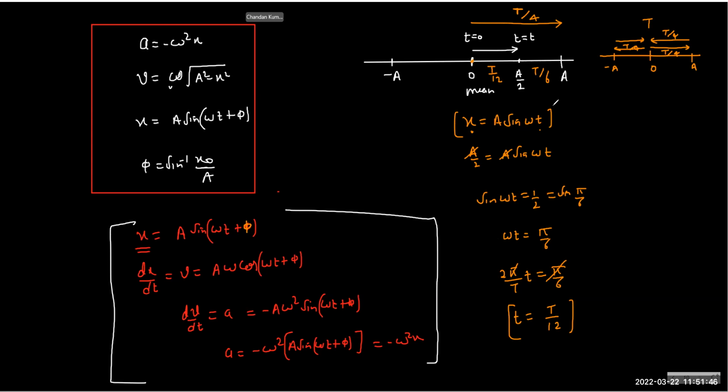Now, why am I saying this answer? Because these are the answers which you are supposed to just memorize. So 0 to A by 2 is T by 12, and A by 2 to A is T by 6. So if you want to go from 0 to minus A by 2, it is again T by 12. I'll give you some simple trick to derive this answer, but as of now, just remember it this way.